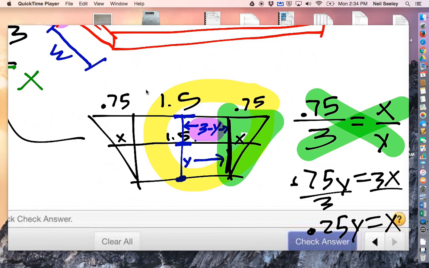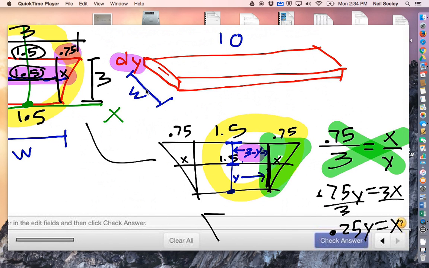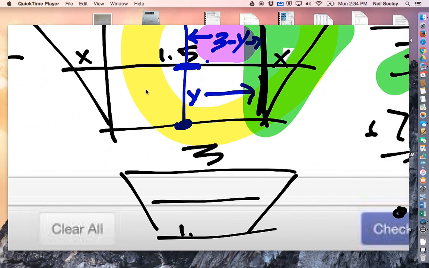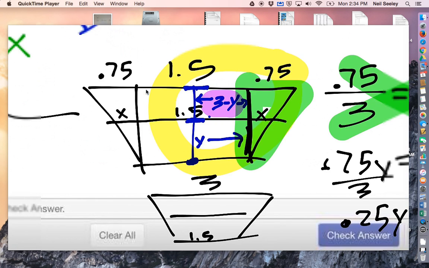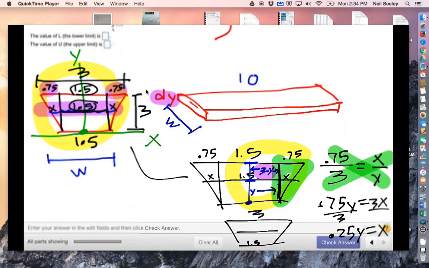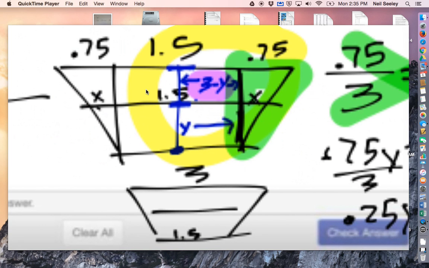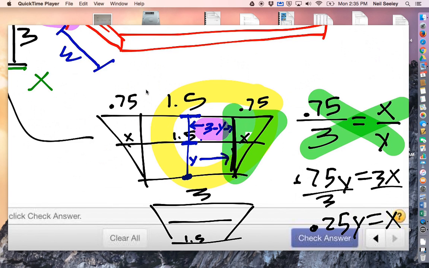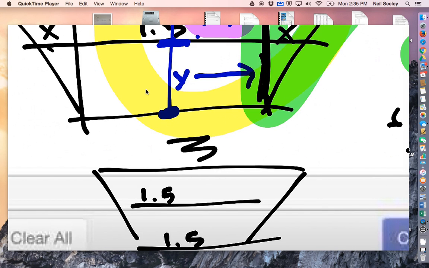So you want to see a brand new crazy picture? I got this trapezoid now that looks like this. I know it's 3 wide at the top, 1.5 at the bottom. I know that the middle width, see if you can follow me here, since I have x on either side and a 1.5 in the middle, and remember, I redefined x as 0.25 y. So what that means is that middle width is 1.5 plus 0.25 y and another 0.25 y, which is ultimately 0.5 y.